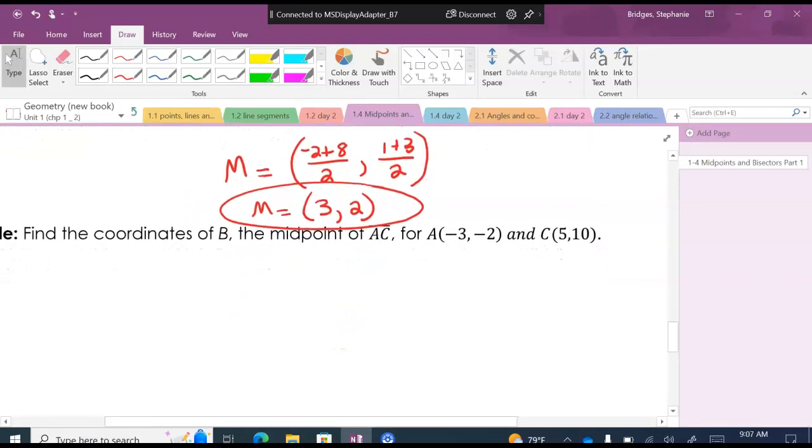It gives you your new points. It gives you your new endpoints. And it wants you to find the coordinate of its midpoint. But this time they're calling the midpoint B. That doesn't really matter.